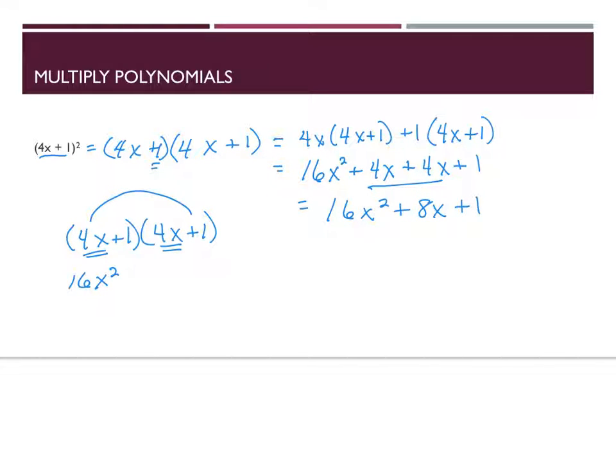Outer, inner. Now last, same like terms. No matter which way I do the problem, I should get the same answer, because 4x plus 1 times 4x plus 1 only has one answer.